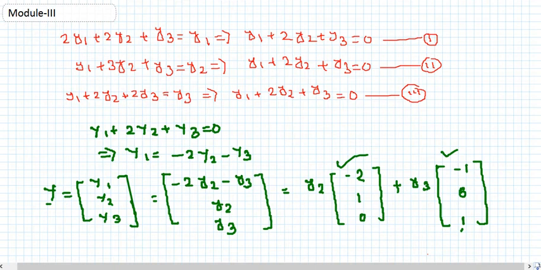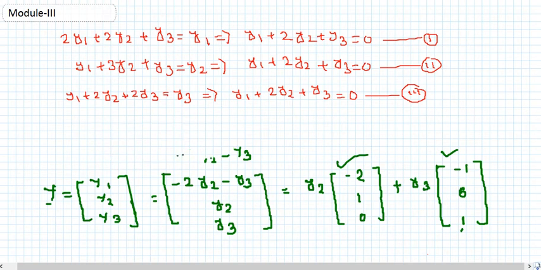For different values of y2 and y3, we get different solutions, so corresponding to lambda equals 1 we get infinitely many different eigenvectors, but not all of them are linearly independent.